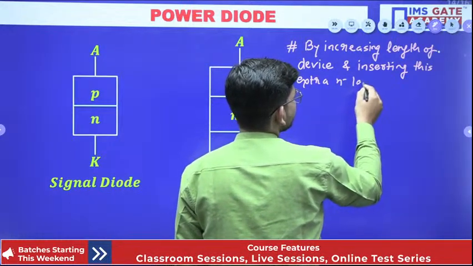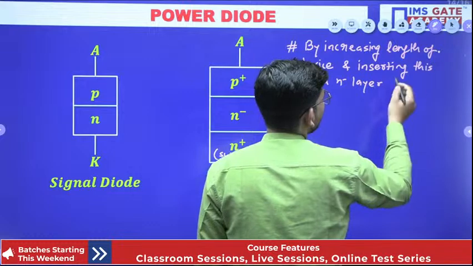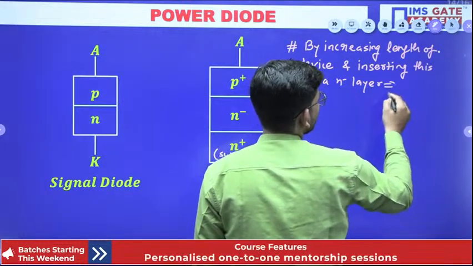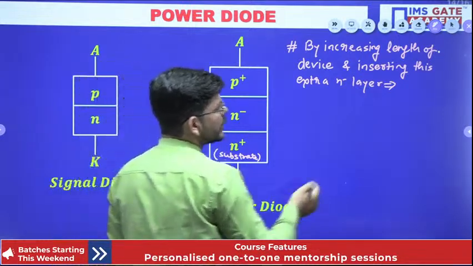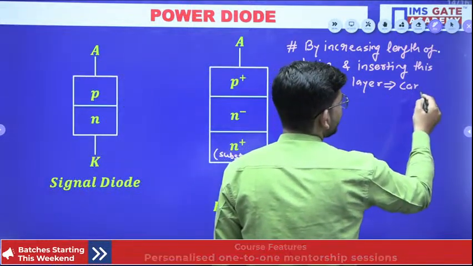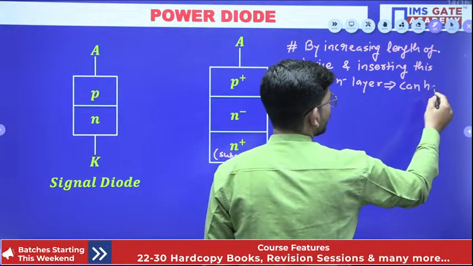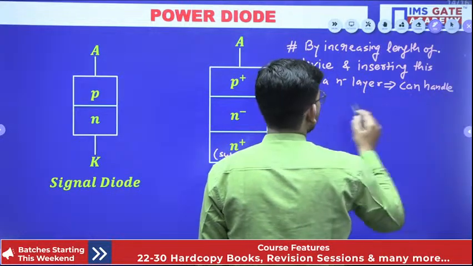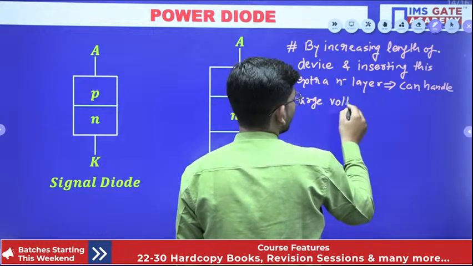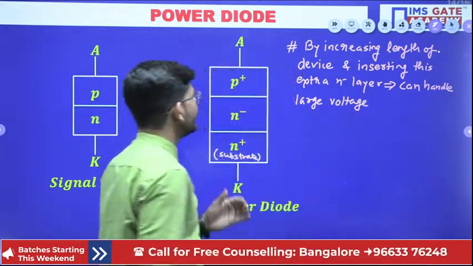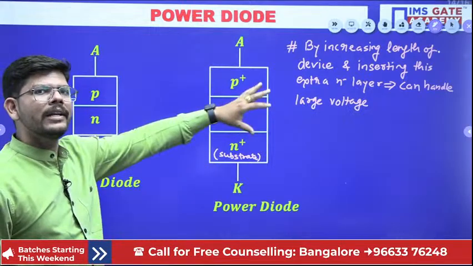and inserting this extra N minus layer, okay, what we have done, we have made this power diode capable of handling large voltage, isn't it? So we have increased the length of the device so it may handle large voltage.